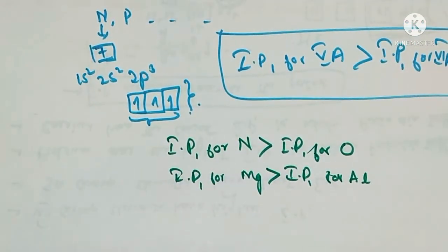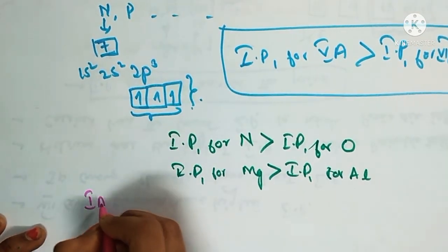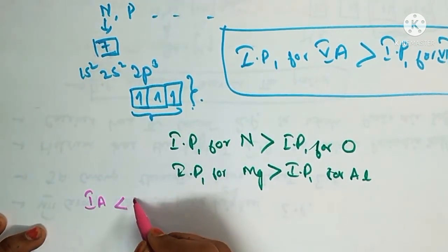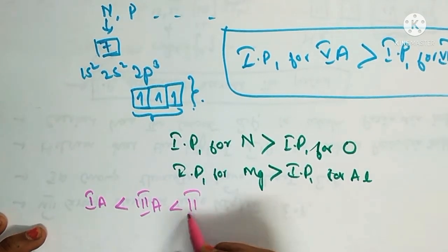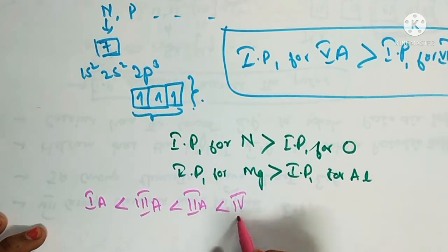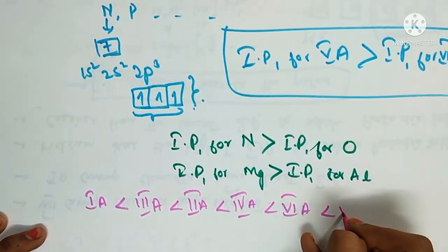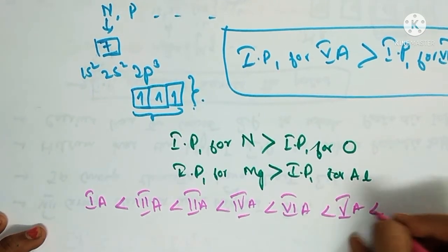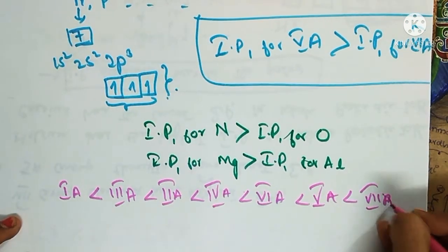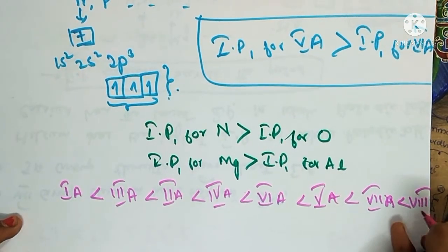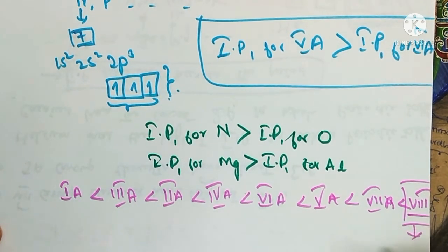So we can write the order of IP1 as: 1A group is the least, next comes the third A group, next is second, next is fourth, next is sixth group, next is fifth group, next is seventh group, and the last one is eighth group. And zero group elements have the highest IP.